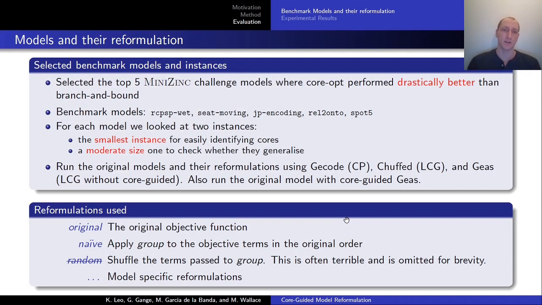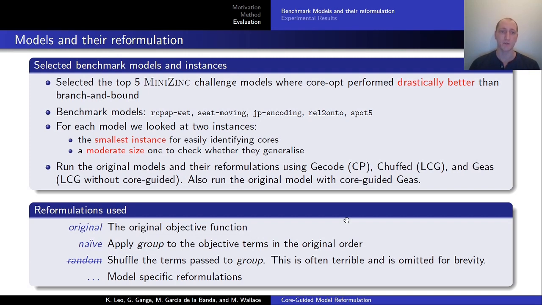So to evaluate our method, we looked at the top 5 MiniZinc Challenge models where the core-based optimization with Geese performed drastically better than branch and bound.